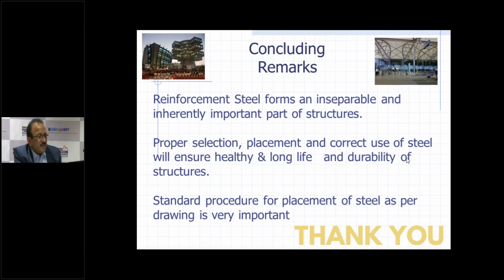Okay. Then the next question is, any alternative to steel as a reinforcement? Some R&D is happening, some research is happening. Some time back, I had come across a research paper where people had tried to use bamboo as a reinforcement material, but of course it is very difficult to replace steel.